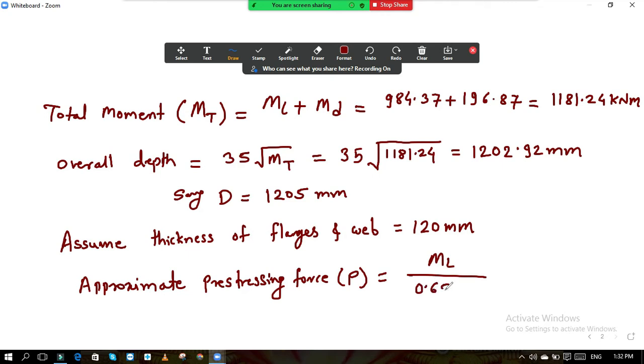This formula is already given to you. Sorry, not M_L, it is M_T, the total moment, we should consider. You can refer in the steps.